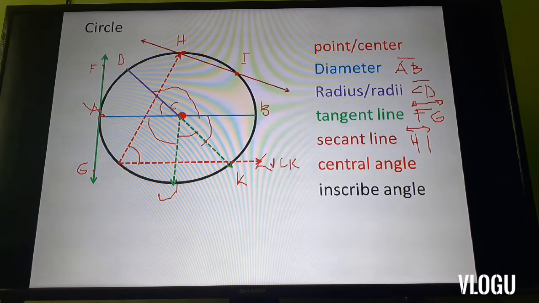If I represent this point as X, therefore my inscribed angle now is angle HXK.